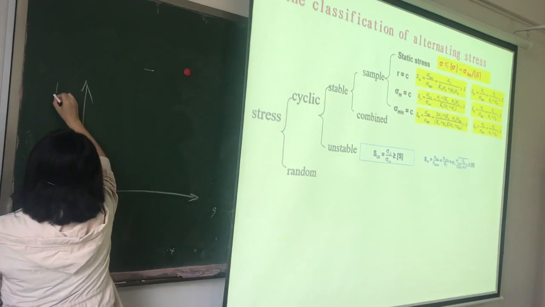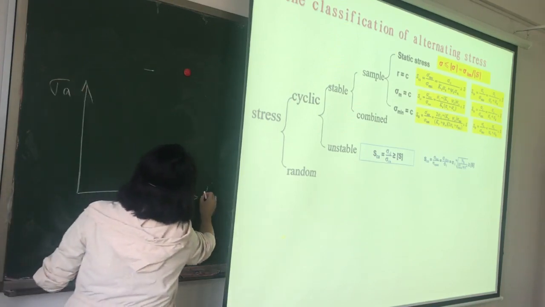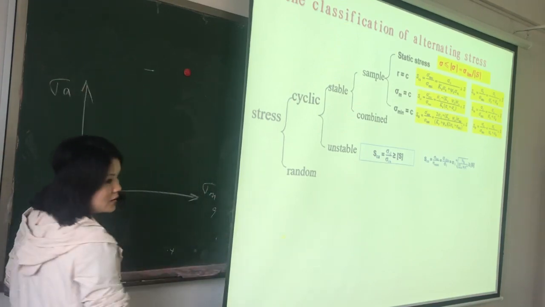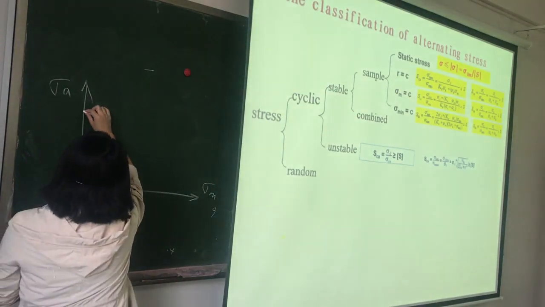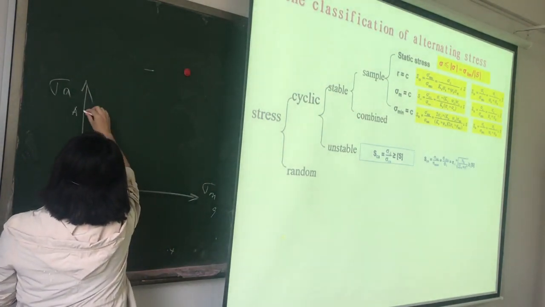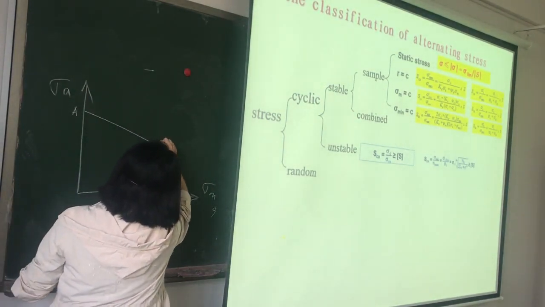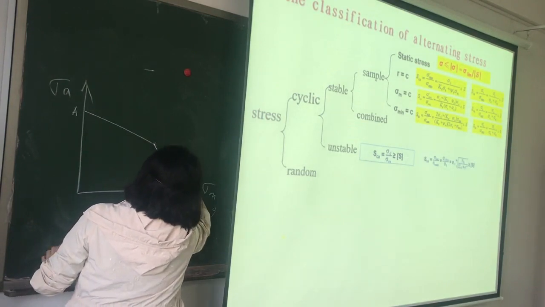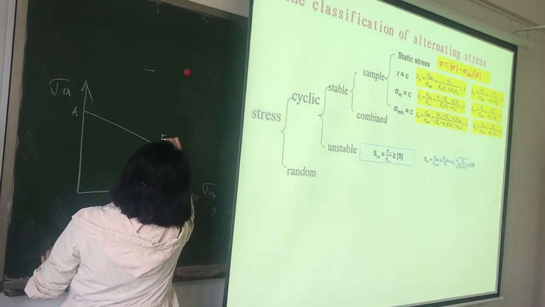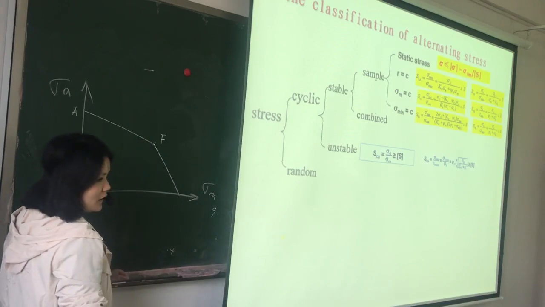We have the sigma A, sigma M curve. This is point A, this is F4 element.